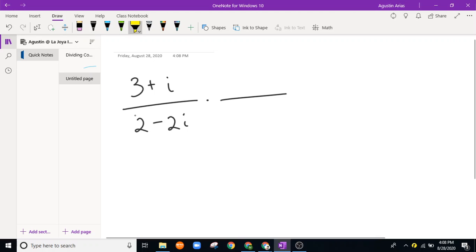Again, look at your denominator and find the conjugate of the denominator. The conjugate of the denominator is the exact same numbers, so 2 and 2i, but the opposite operation. So instead of minus, plus. I'm going to do the same for the numerator.